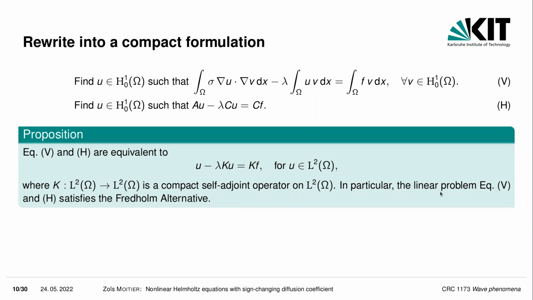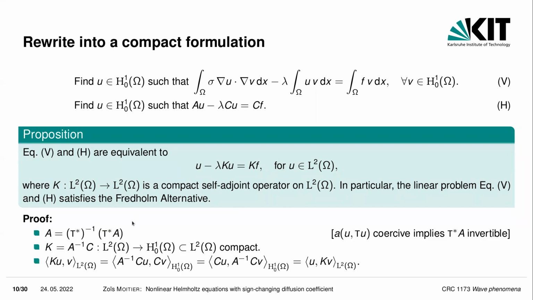And this gives you that the linear problem is well posed in the Fredholm sense. And the proof is not so difficult, because this is where you actually use this T-coercivity assumption, because you can write A as this, and you know that T star A, where the star is just the adjoint, is invertible, and this comes from the fact that this quadratic form is coercive.